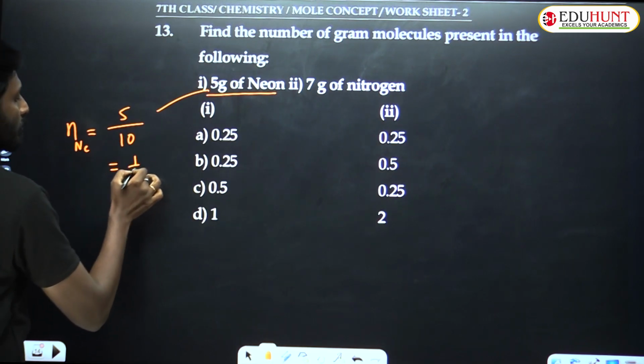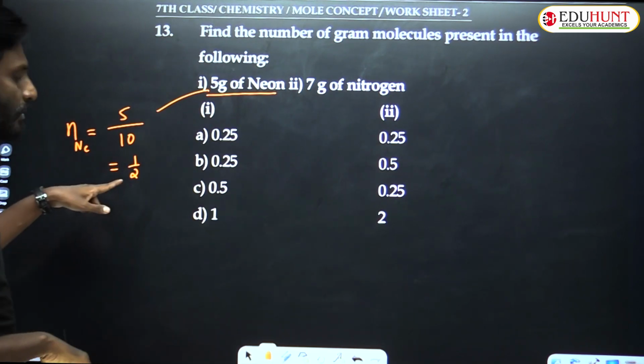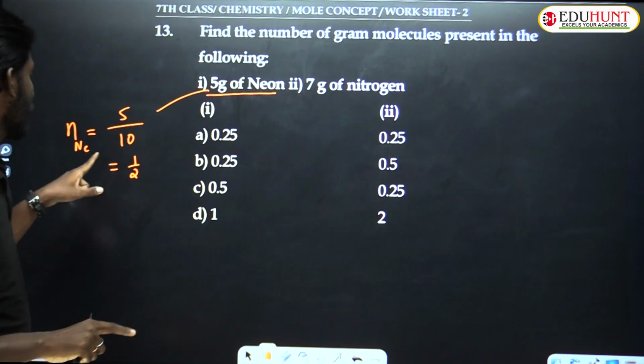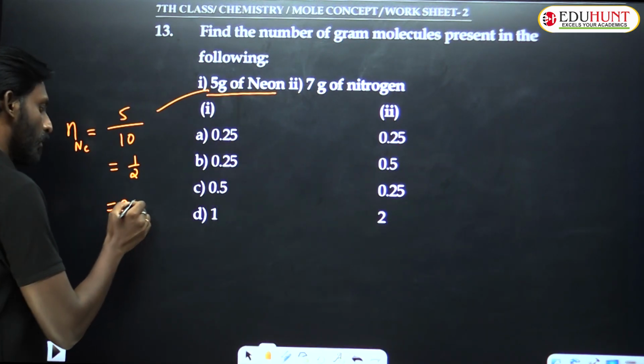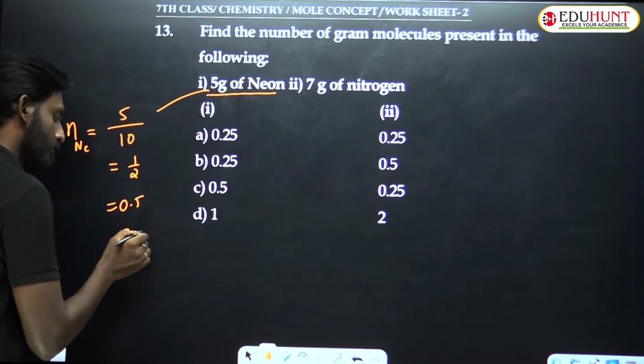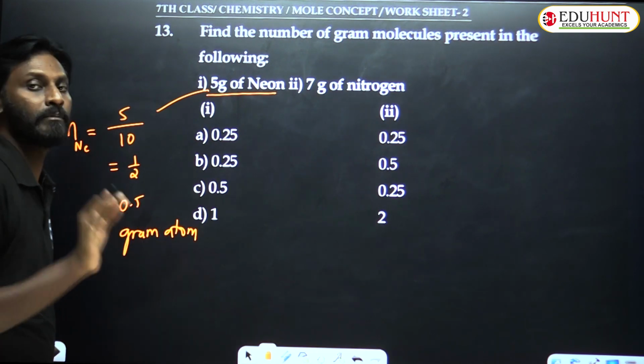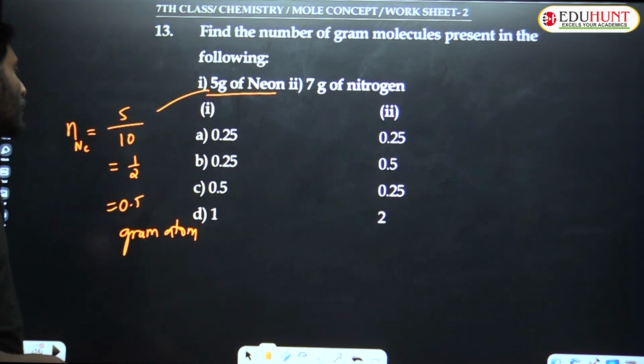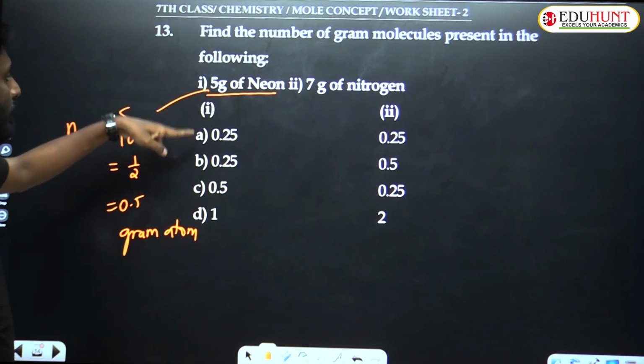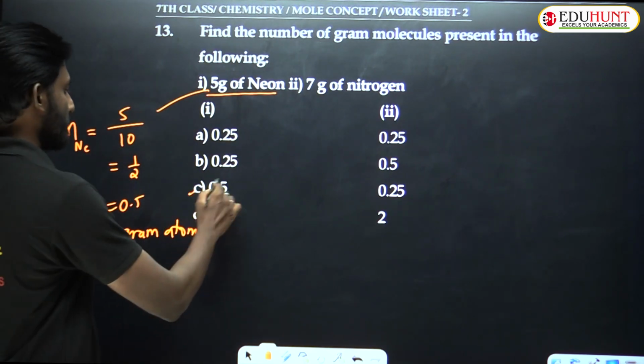So, it will be 1 by 2, that means 0.5 gram atom. That means 0.5 moles of atoms, not gram molecule, but anyway, this will be C.